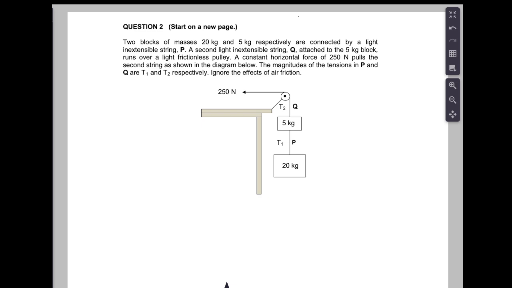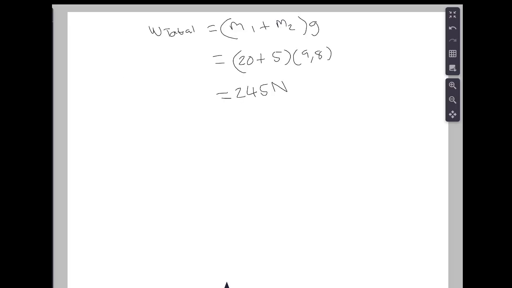Now, there's a 250 Newton force pulling. So that tension, that T2, is experiencing that 250 Newton force. That's the upward force. And then the 5 kg is pulling it down together with the 20 kg.